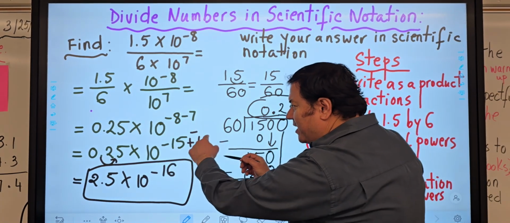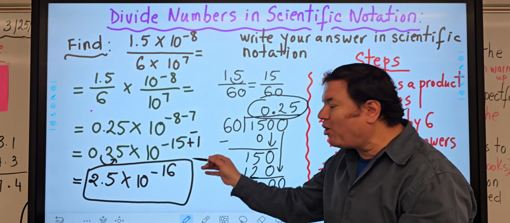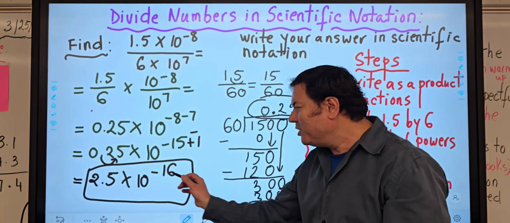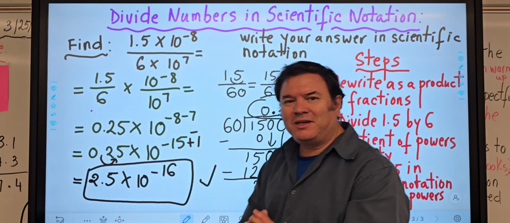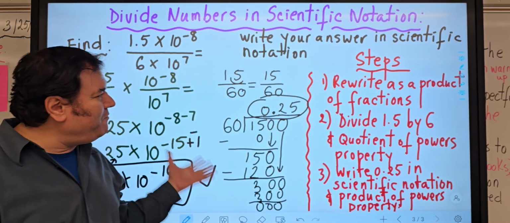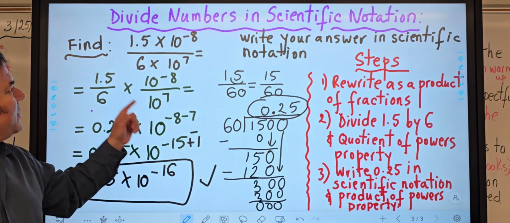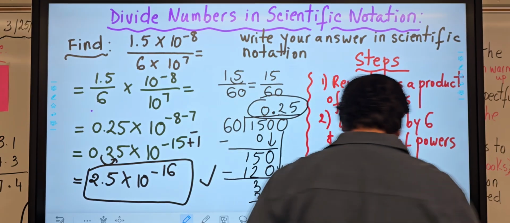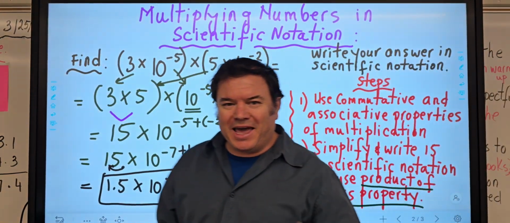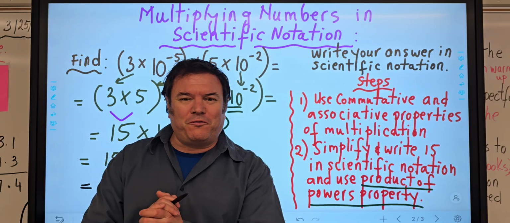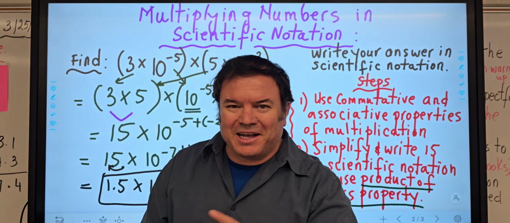But 15 plus 1 is the same thing as negative 15 plus negative 1. That's what it means, which is 10 to the negative 16. And that's the answer. Please take a moment, review these 2 examples, how to divide numbers in scientific notation and how to multiply numbers in scientific notation. And I'm sure you'll be proficient and ready for the quiz.